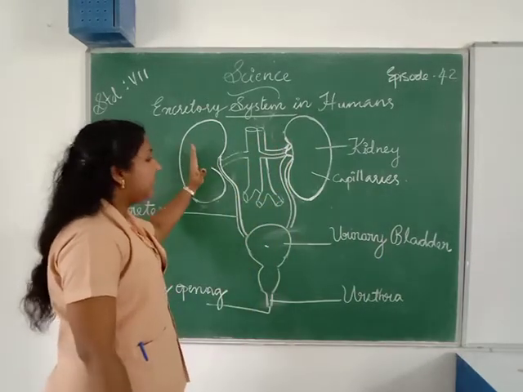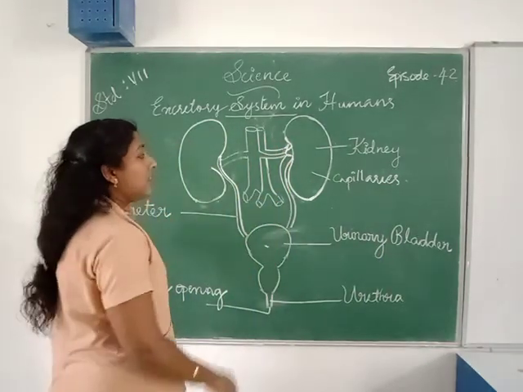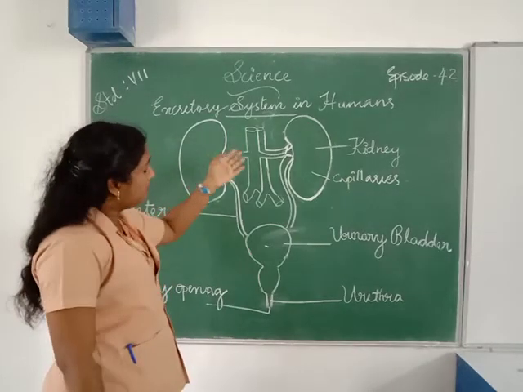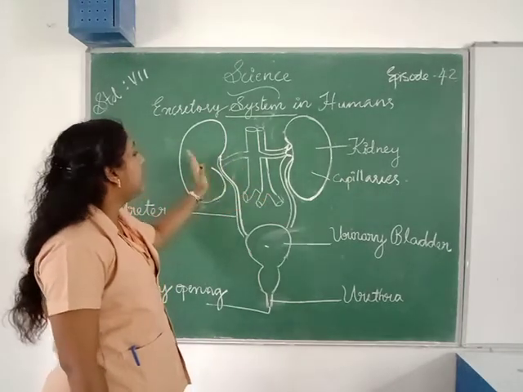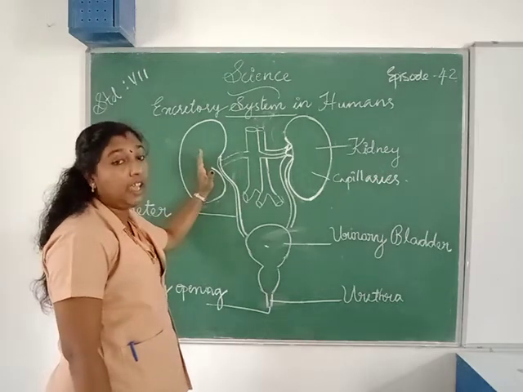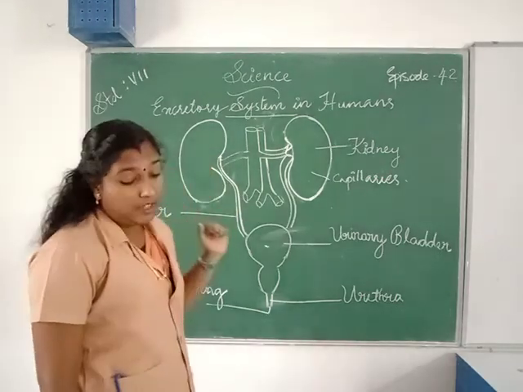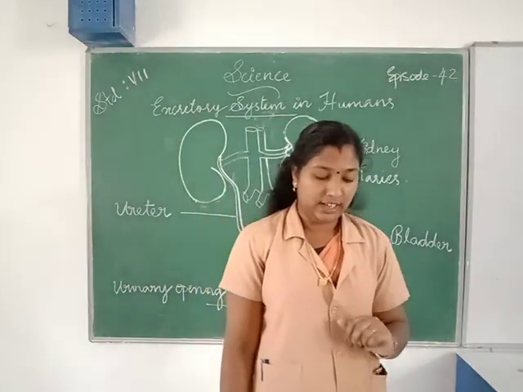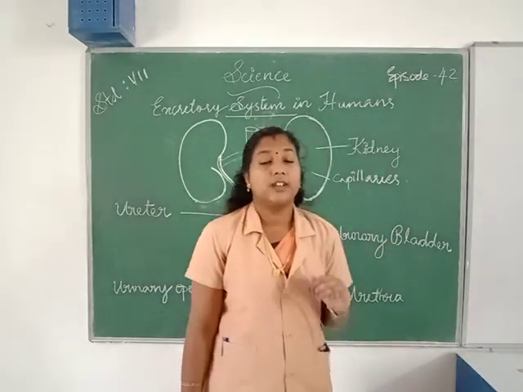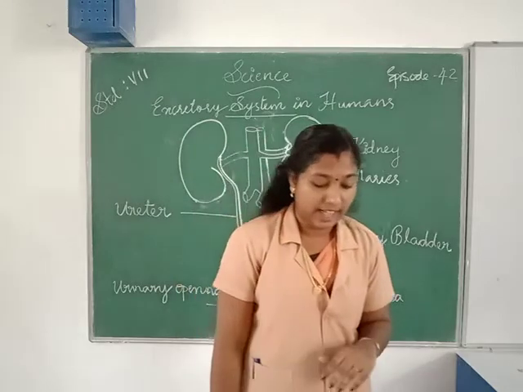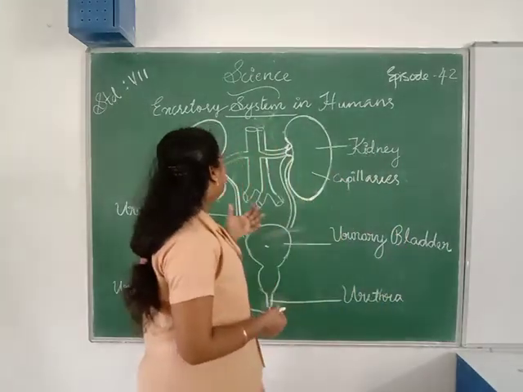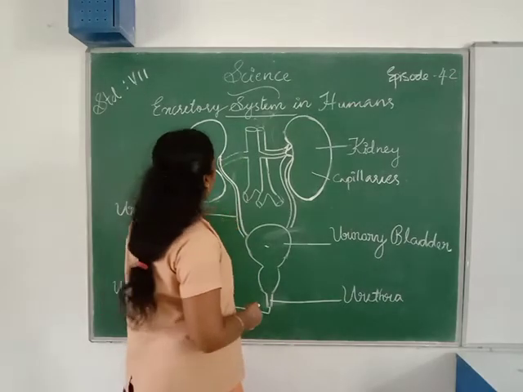Inside the kidneys there are lots of capillaries. Through capillaries the kidney can filter the blood. When the blood reaches the two kidneys, it contains both useful and harmful substances.